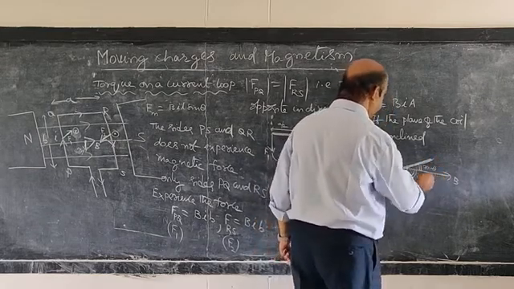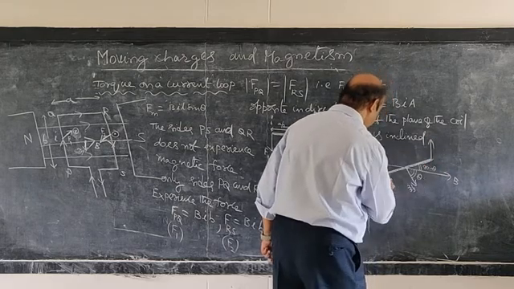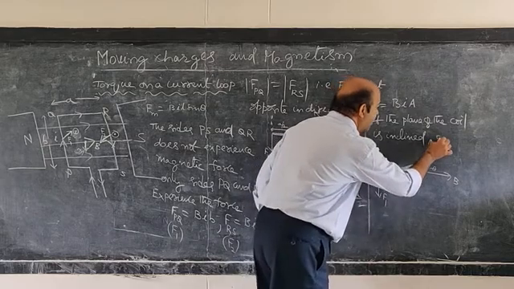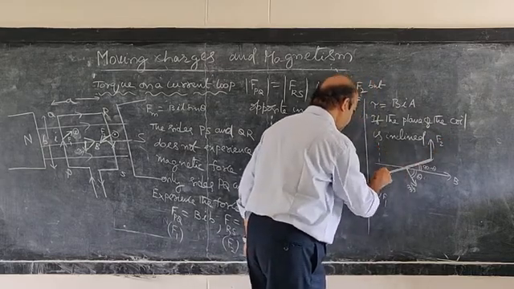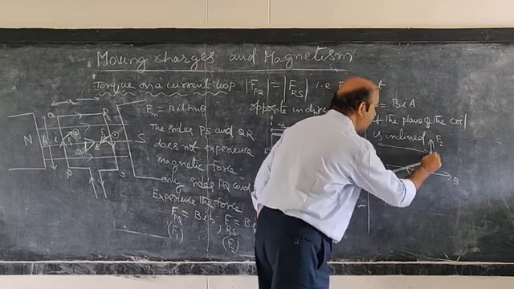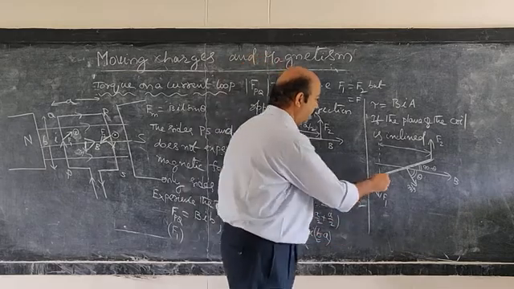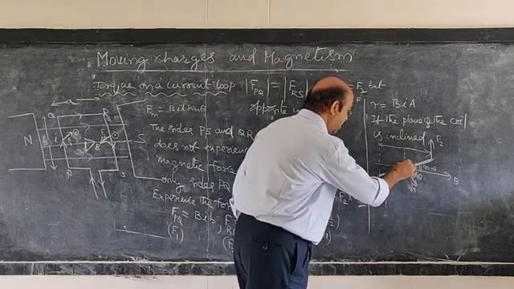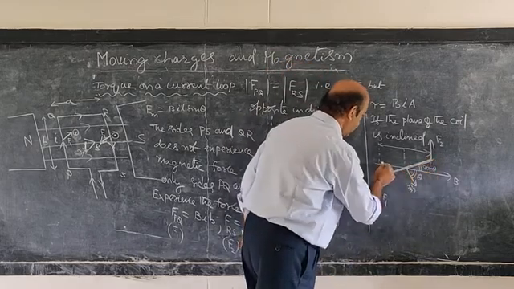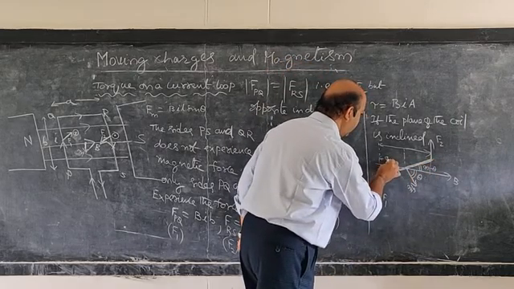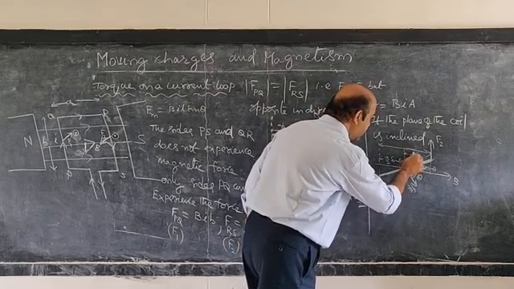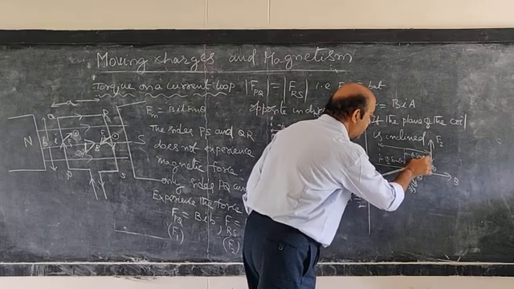So therefore the forces acting on the sides, so that is F1, this is F2. Now I want to know the perpendicular distance. So this distance you want to know. So if you observe, this will be A by 2 sin theta, and similarly this also will be A by 2 sin theta.